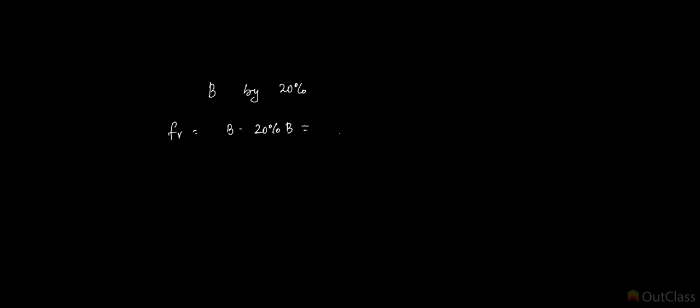Now let's look at decreases. If you want to decrease the quantity B by 20%, the final value would be B minus 20% of B. If you take the B out, it is 1 minus 0.2, so that's 0.8 B. Decreasing by 20% is the same as decreasing to 80%.